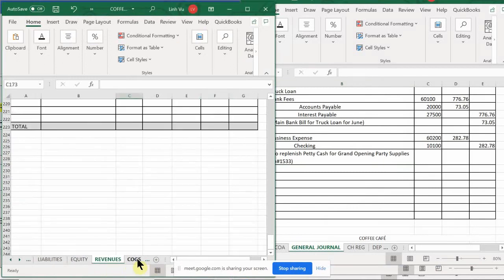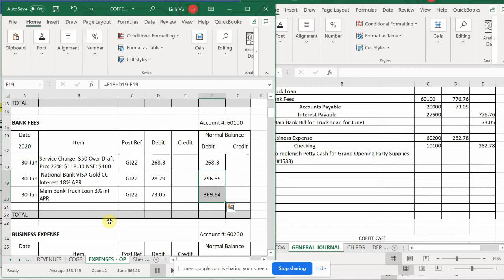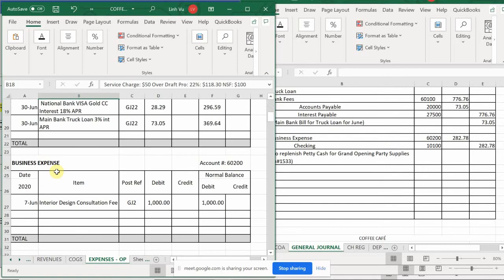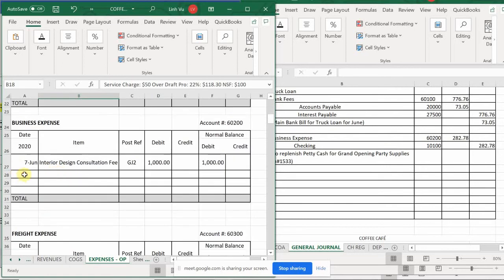So we go to operating expenses first. We're going to put this under business expenses. Here we are. You could say replenish for grand opening party supplies.